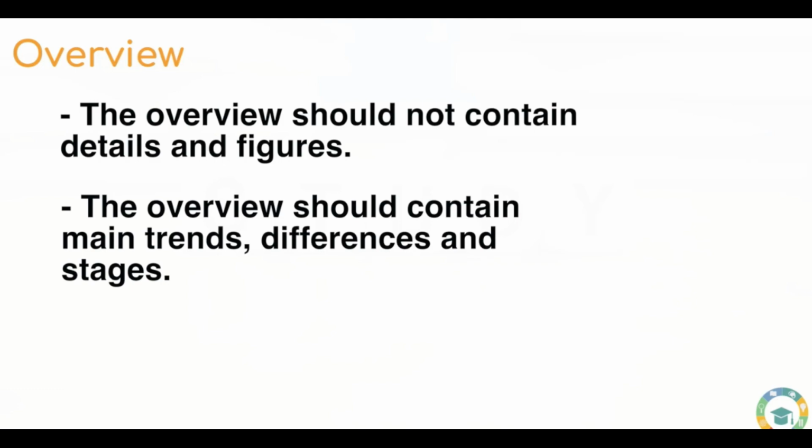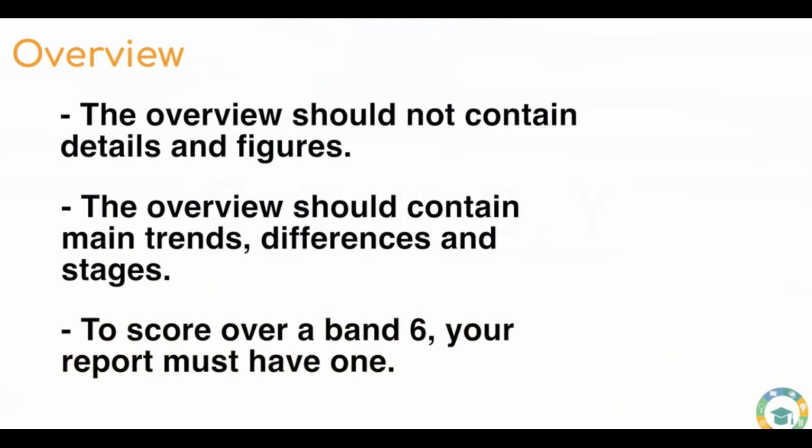Give the big picture without figures. As I previously said, if you want to score above a Band 6 in task achievement, your report must include an overview. And to score Band 7 or higher, you must identify the main trends, differences, or stages. Let's see some examples now.